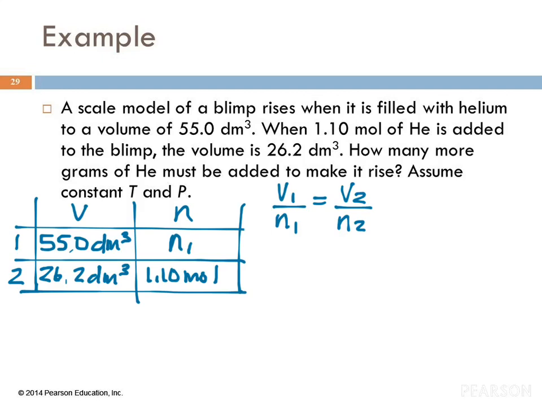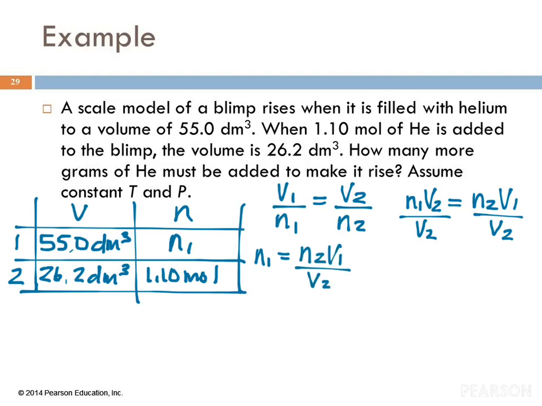So if we cross multiply, we're going to get N1 V2 equals N2 V1. And then we can divide by V2 on both sides. And we find that N1 is equal to N2 V1 over V2.